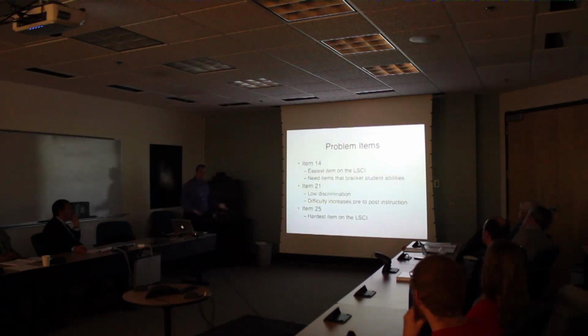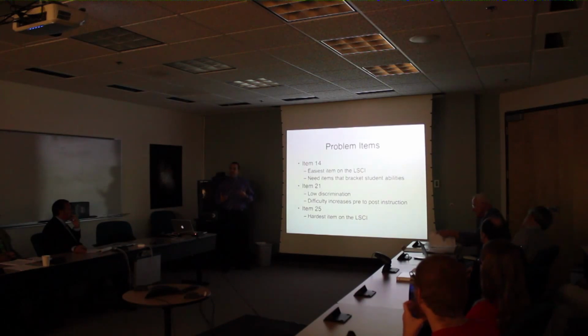So problem items that show up in our analysis were item 14. Item 14 is the simplest item on the LSCI. But you can say, okay, we'll throw it out. But you need something for people that are taking the pretest that they can actually answer correctly to begin with. Otherwise, you have no measurement of how they change. Item 21 has a low discrimination, and its difficulty increases from pre to post.